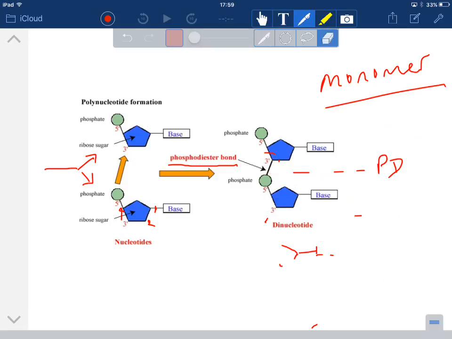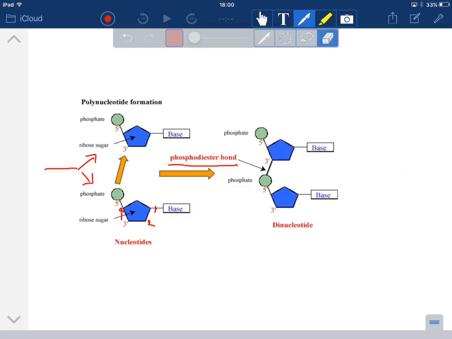What I mean by that is that we have one here, and we have one here, and then we'll add one at the third carbon below, and the third carbon below. Can you see that the addition is travelling in that direction?